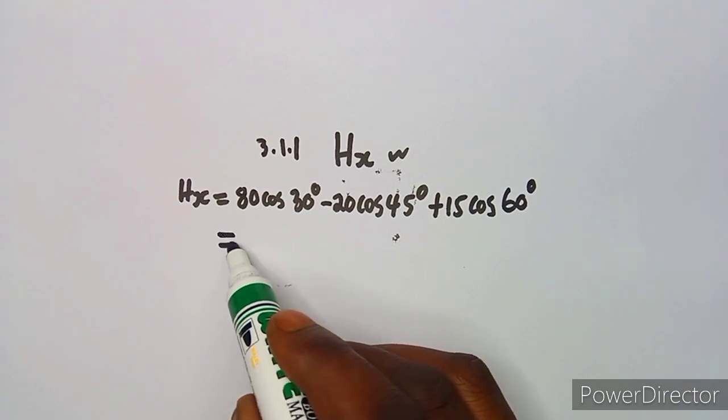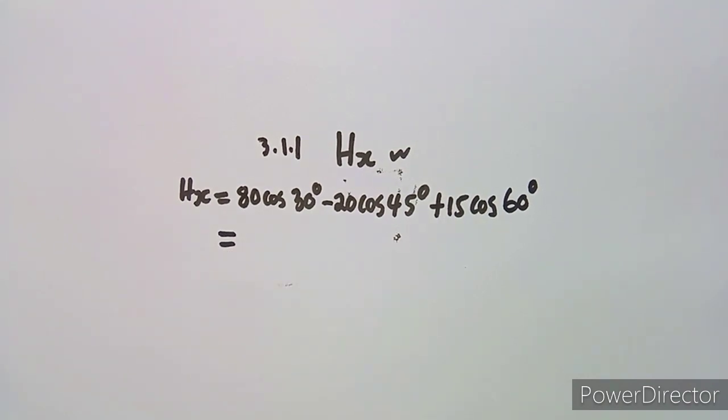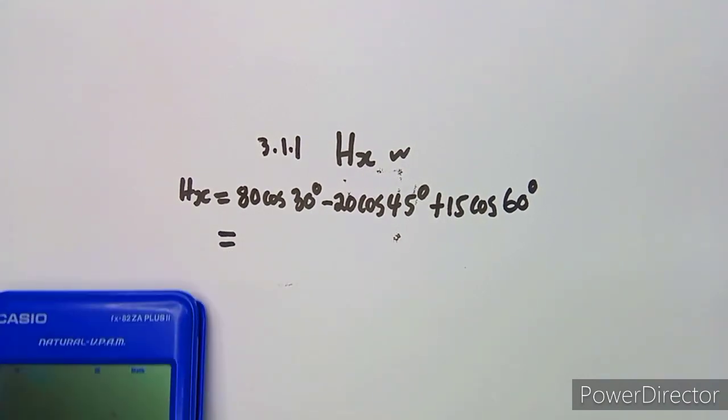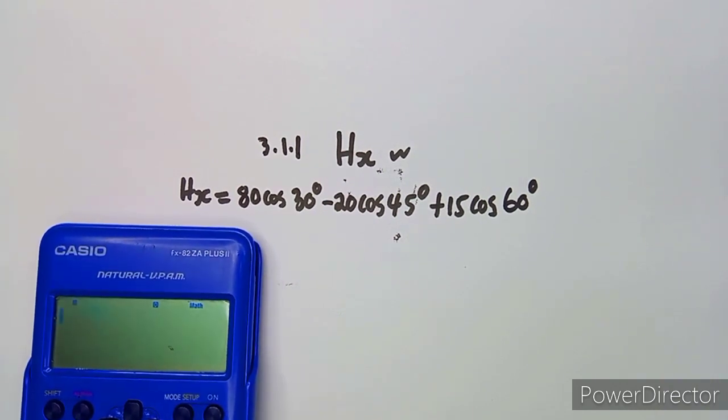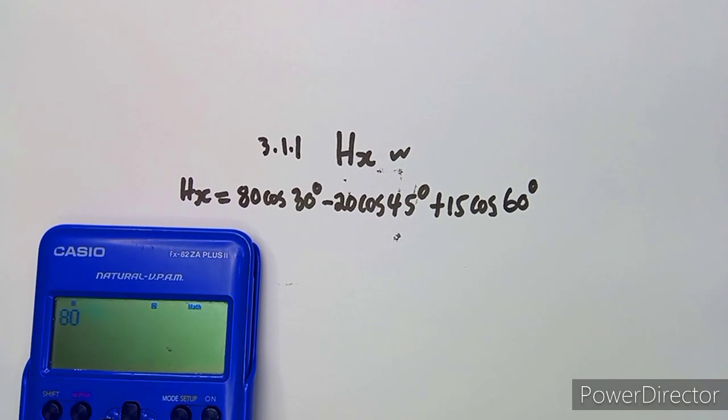Okay, so that is going to be the total. Make sure that you combine these properly. So you've got 80 cos 30 minus 20 cos 45 plus 15 cos 60 degrees. Make sure your calculator is in degrees.